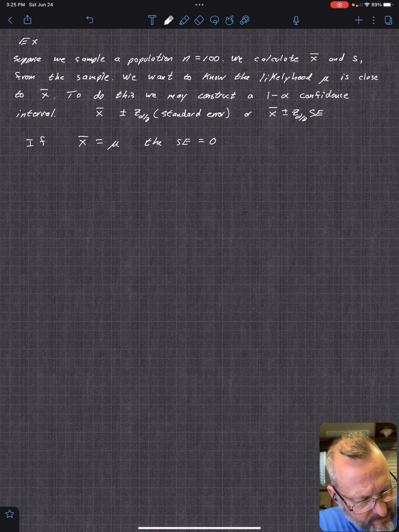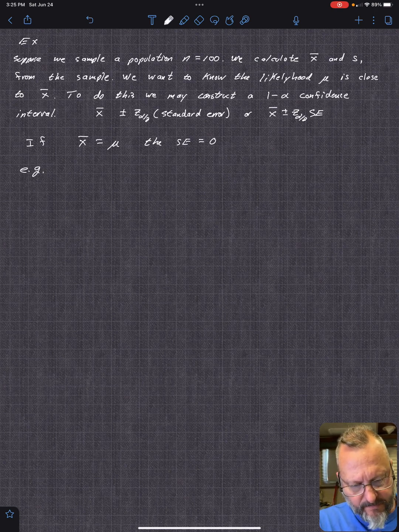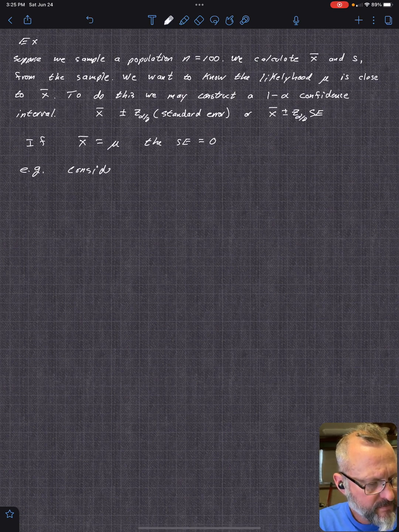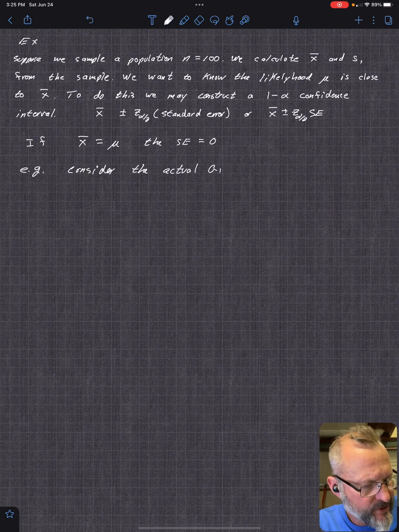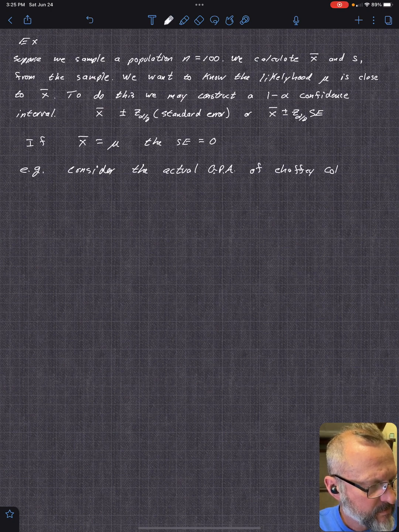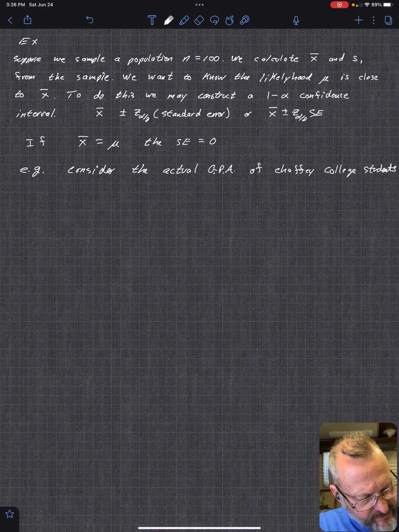All right, so let's look at an example. Consider the actual GPA of, let's just say, Chaffey College students versus a sample.